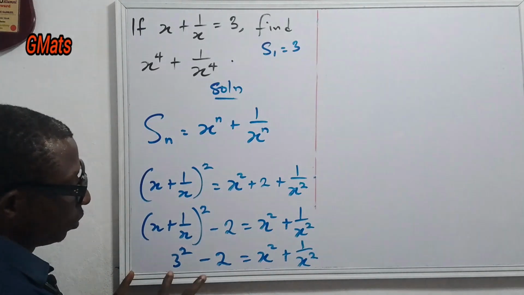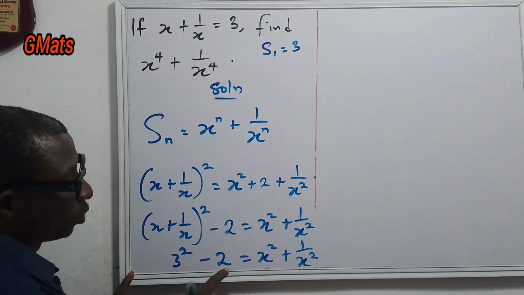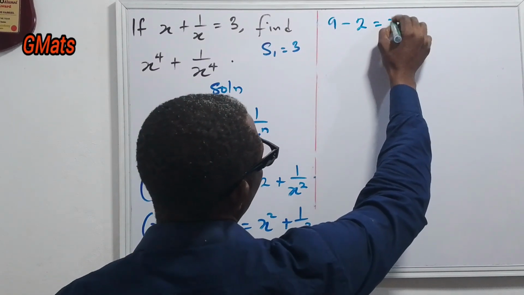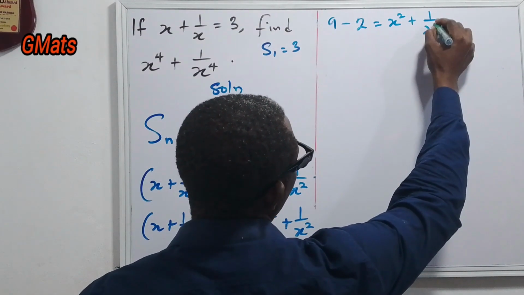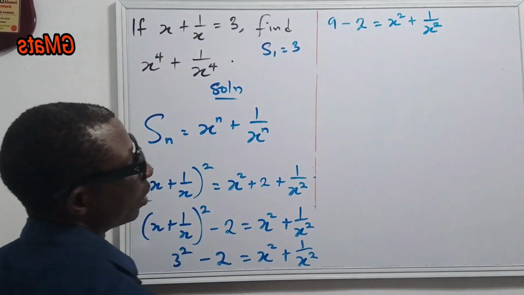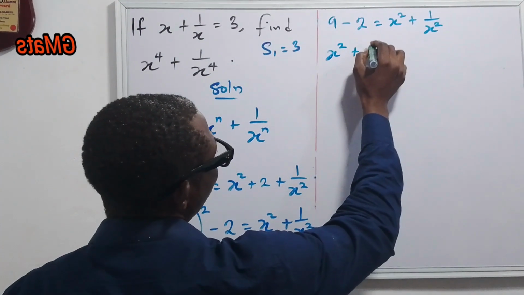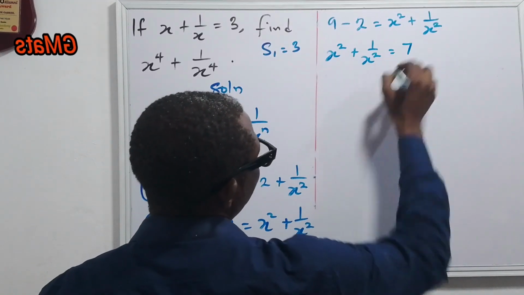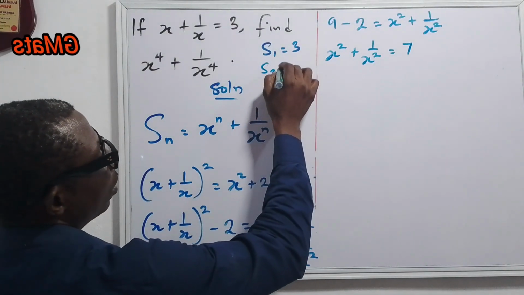So this is going to be 9 minus 2. We have 9 minus 2 equals x squared plus 1 over x squared. So now we have x squared plus 1 over x squared is 7. So we have S2 to be 7.